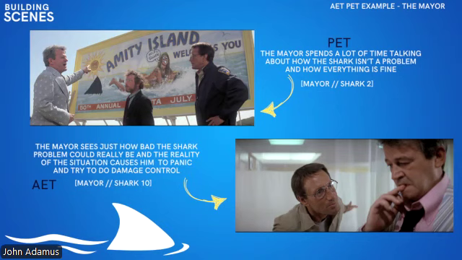But he sees that the shark is an actual problem, and his AET, the actual problem the shark poses to the town and the situation, is a 10, because the shark is eating people around the island. And the discrepancy between the two is developed through the mayor's behavior, through the mayor's dialogue. It tells us what the mayor's going to do in these scenes.